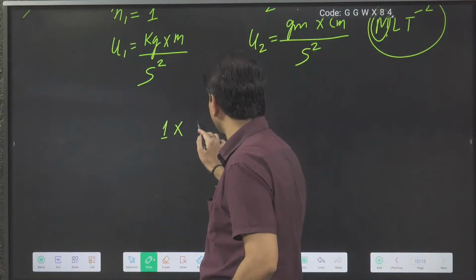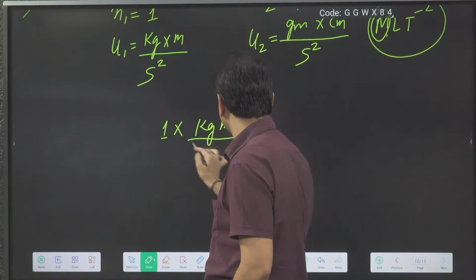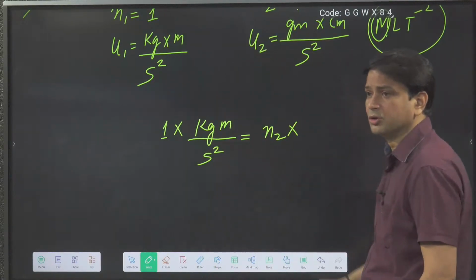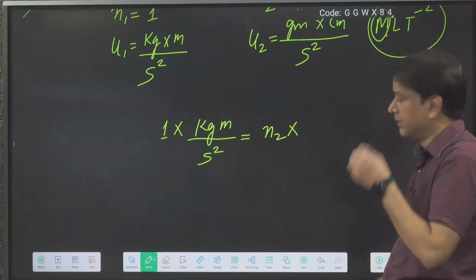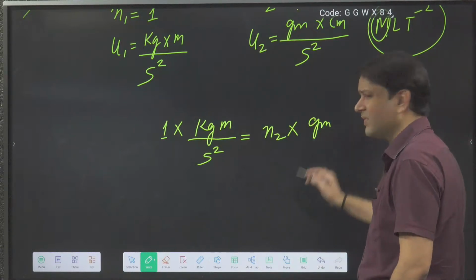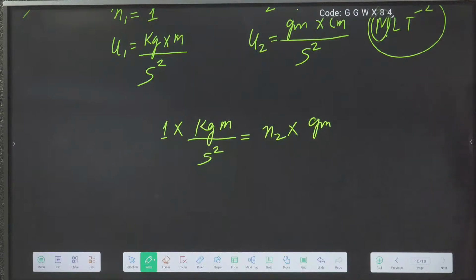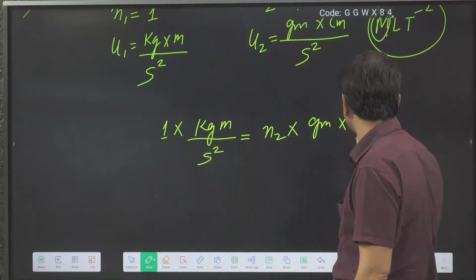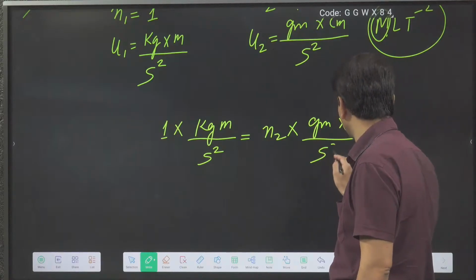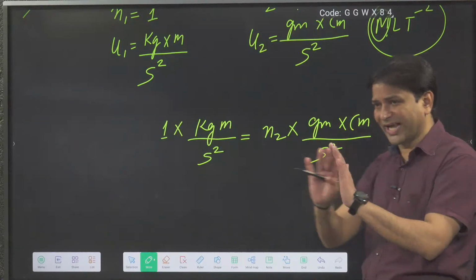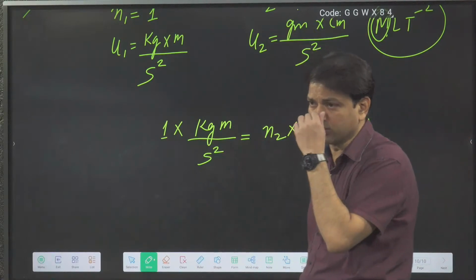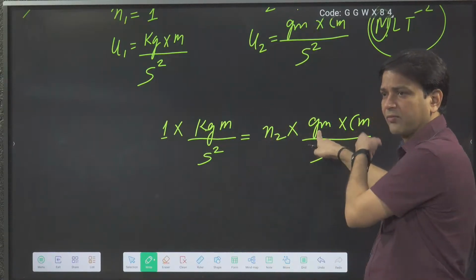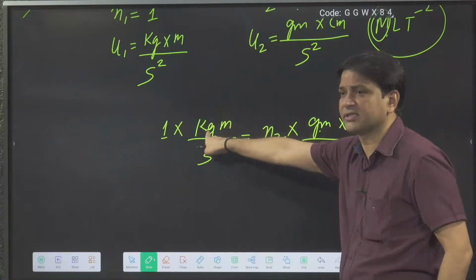So 1 into kg meter per second square is equal to N2 into U2, which is gram into centimeter upon second square. Now, if you cancel the units, you will get the magnitude. Here I am using kg, here it is gram. So you have 2 options: you can convert gram into kg, or you can convert kg into gram.